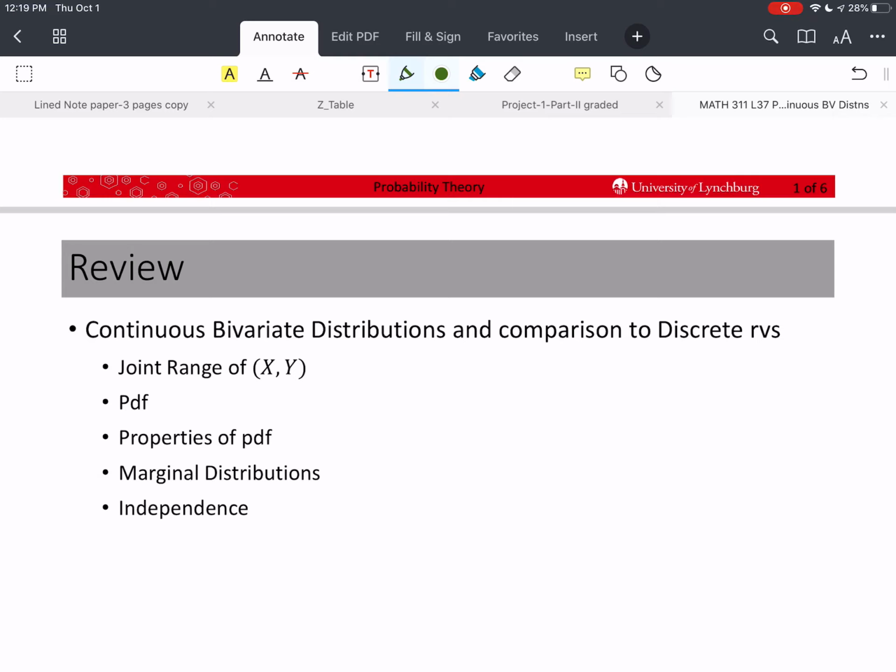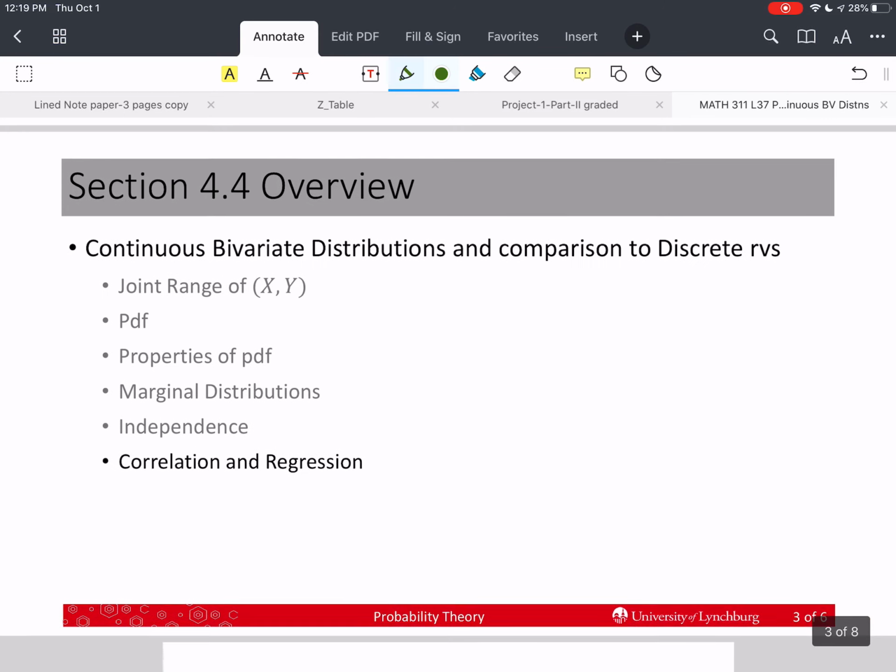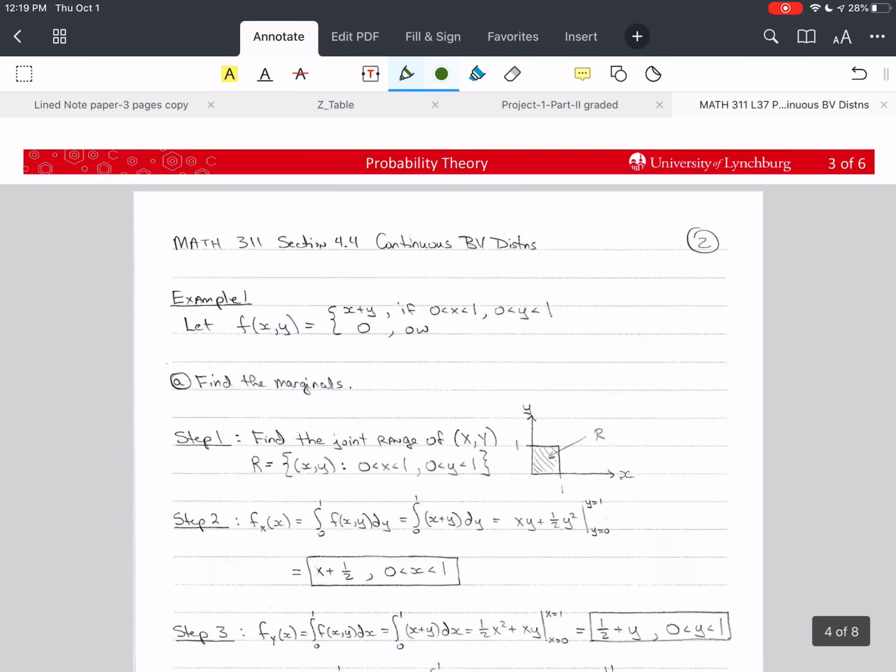And then we introduced the joint PDF of x and y, talked about the properties of the PDF, the marginal distributions, and independence. So we're going to do an example today. We won't get to correlation and regression in this video, but it will be in the next one due to time constraints. So let's get started.